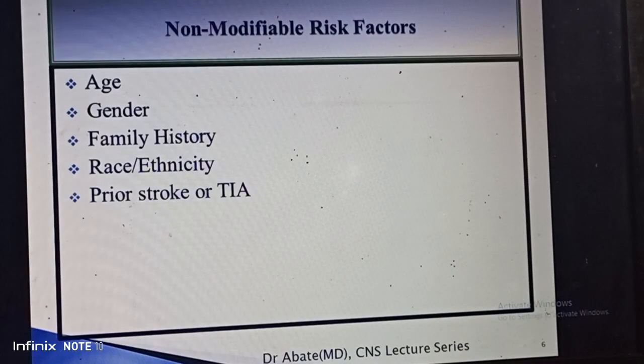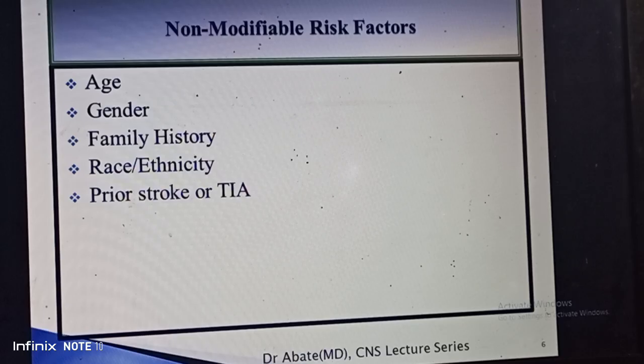When you see the risk factors of a stroke, whether it is hemorrhagic or ischemic stroke, you classify the risk factors as modifiable and non-modifiable, as mentioned on this slide.